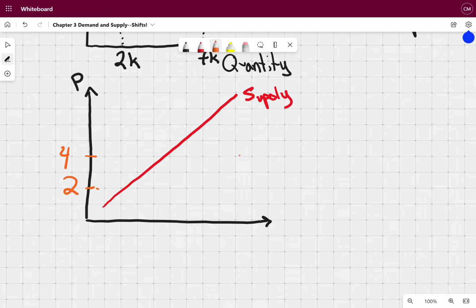And we're literally just going from 8,000, because that was how many the suppliers would have provided before, to, or well, let's say 2,000 just to keep it all the same. And now at 4, how many are they willing to provide? They're willing to provide 5,000.